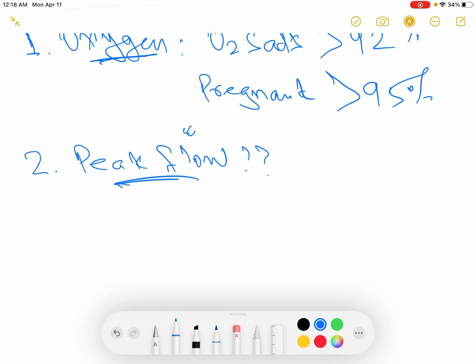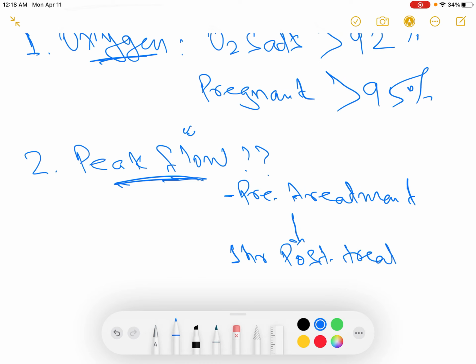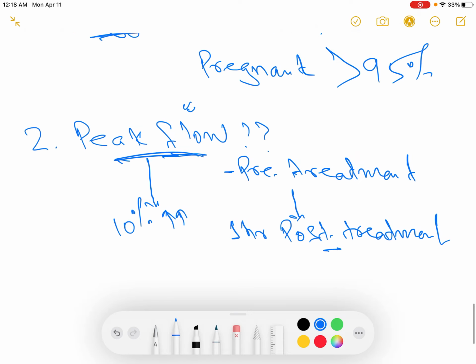The idea for peak flow is not that you are looking for a specific number, but that you want to get the pre-treatment value before you start the treatment, and then after 1 hour of post-treatment. What you are looking for is at least 10% improvement in the peak flow after 1 hour of treatment. That's all that matters. That means the patient is going in the right direction. Again, the peak flow is conditional, if it's possible.